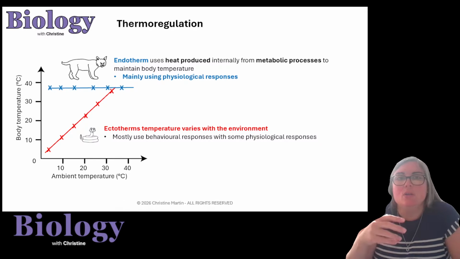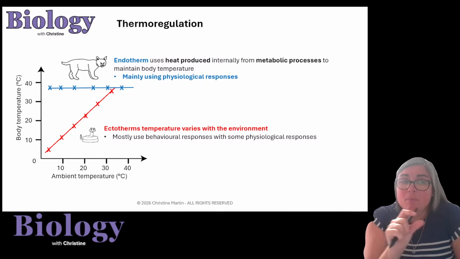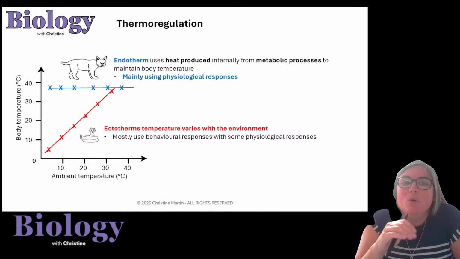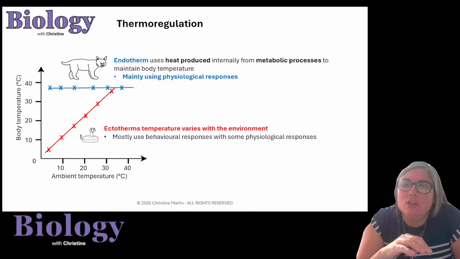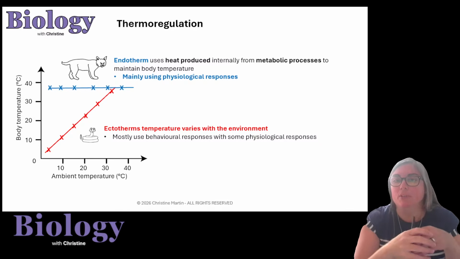And so by using the heat produced internally from these metabolic processes, we are able to maintain our body temperature at the limit, which is about 36.5 to 37.4, something along those lines. Now, we do that mainly by using physiological responses.